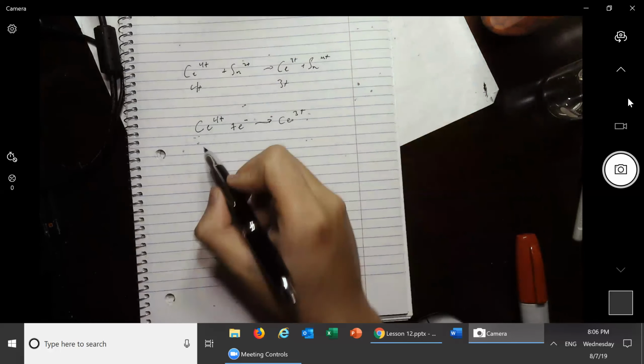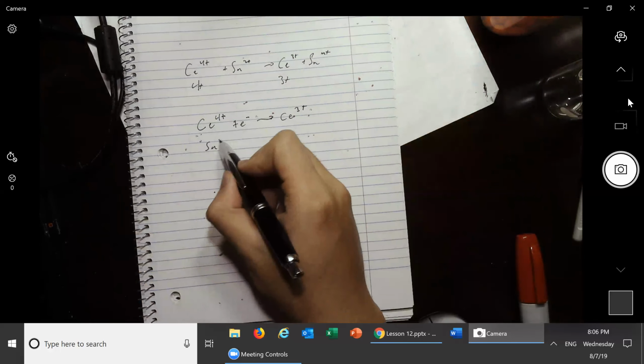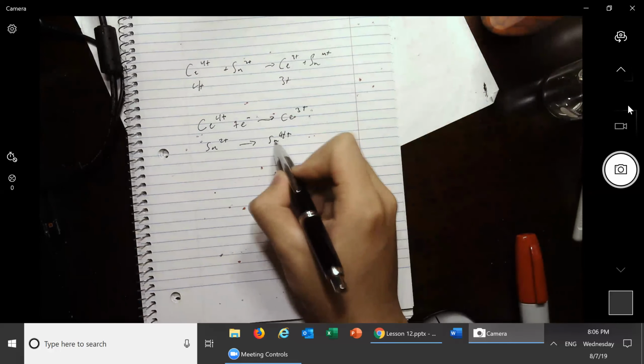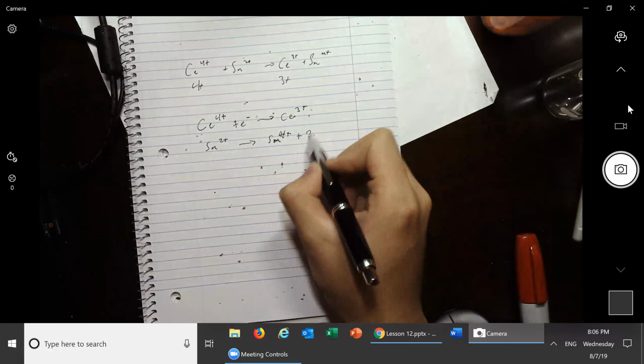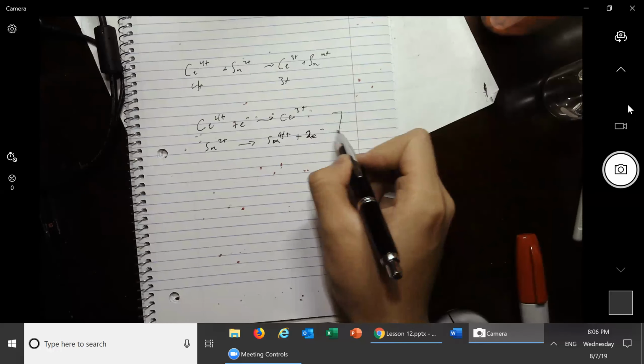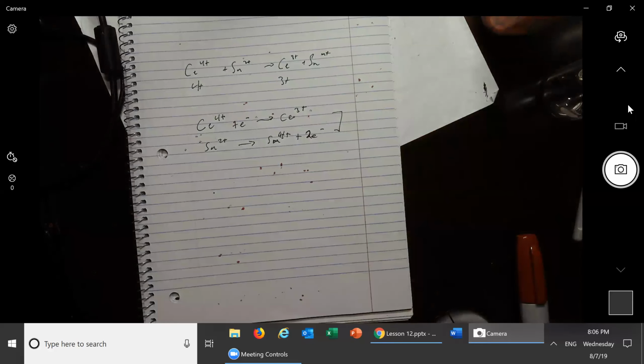And likewise, we have Sn2+ goes to Sn4+ plus 2e-. Now we need to combine these in a way that the electrons all cancel out. So what should be the final reaction? What should be the balanced reaction? In other words, what should we do to combine these reactions so that the electrons cancel out?